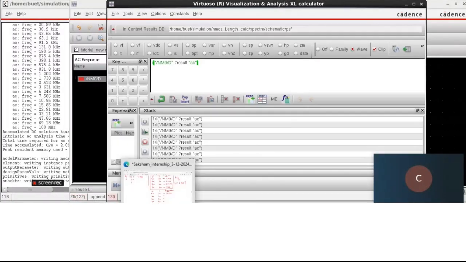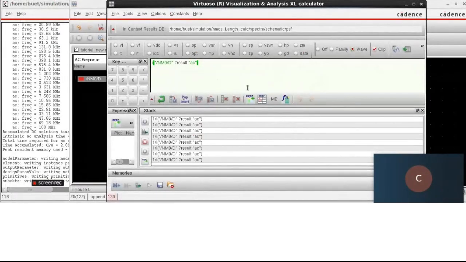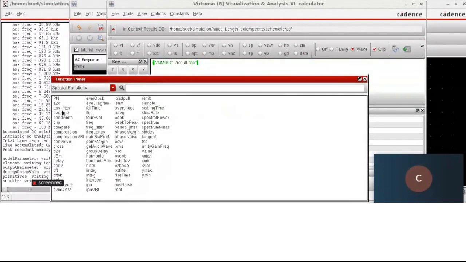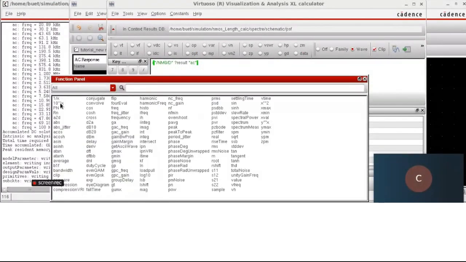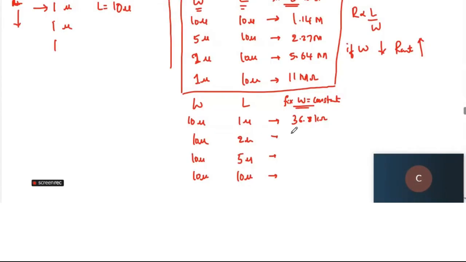what should be the scenario? Let us try to do that. Here, L is now increased, W is being fixed. So now let us see what that is. It's 103 kilo ohms. Obviously, my resistance should be increased.